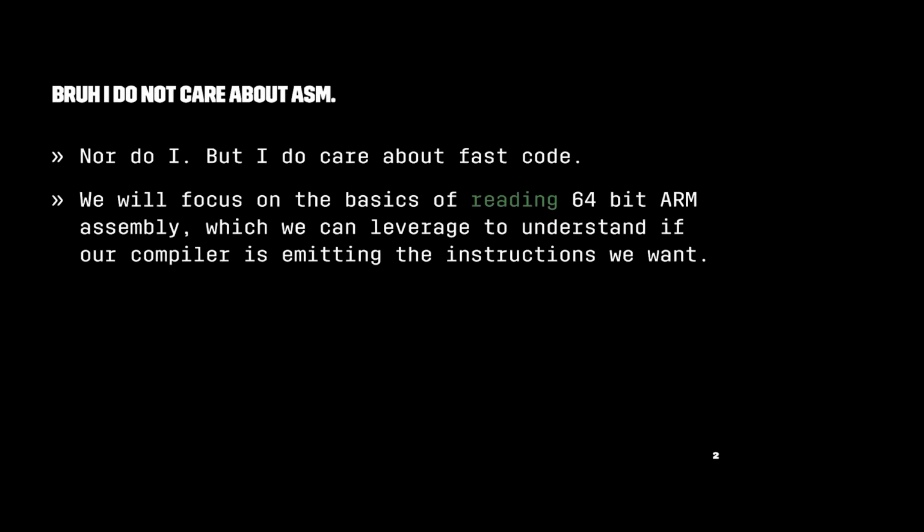And so my hope for you guys is that by the end of this, you'll be able to read 64-bit ARM assembler and then kind of leverage that understanding to see if the compiler is emitting the instructions that you want. So it's both read a little bit of assembler and also try and have a vision for what you think the compiler should be doing.